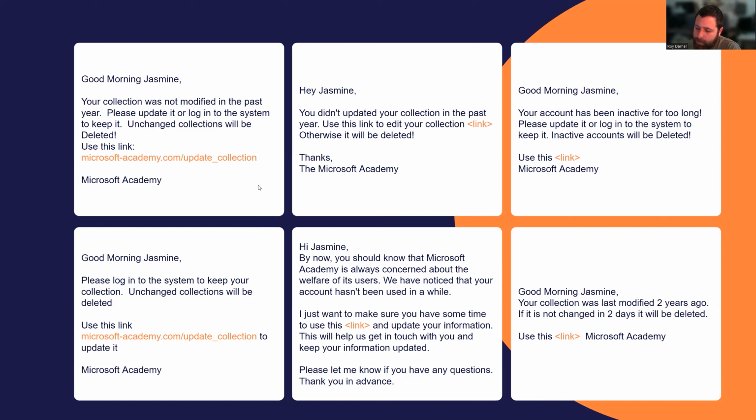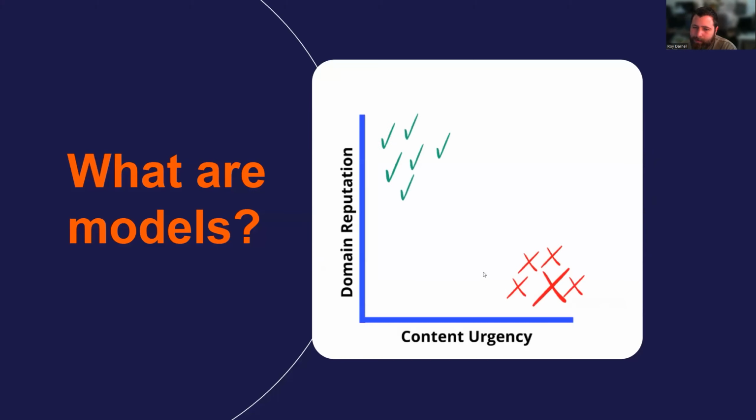Sure, there's a sentiment, there's some message being kept the same, but it's not in the words level, it's in the sentiment level, which can't be found with a simple regex or something like that. So what does it look like? Let's say we take a lot of instances of attacks and legitimate content and try to put it on a graph.